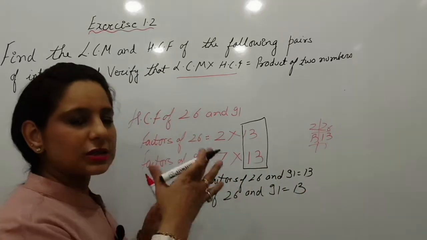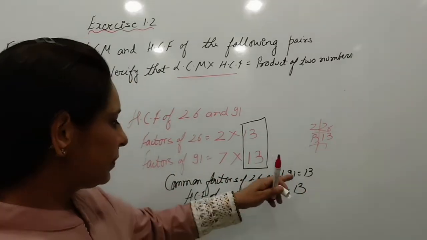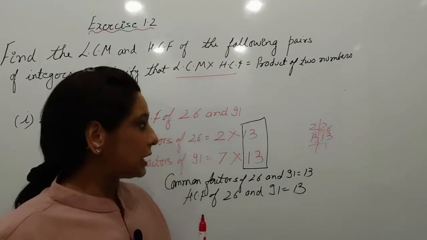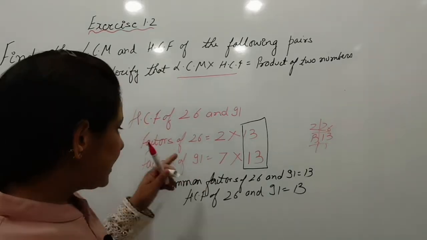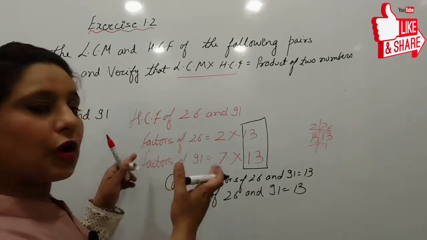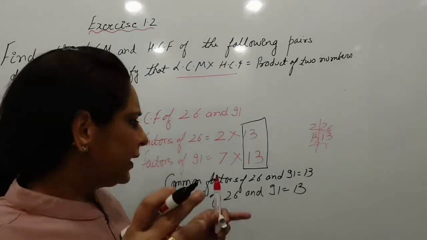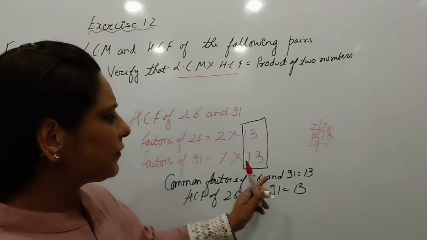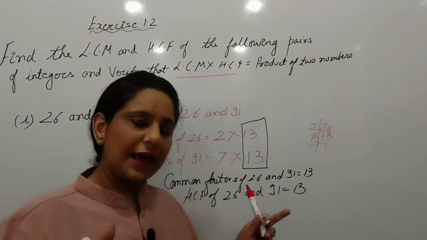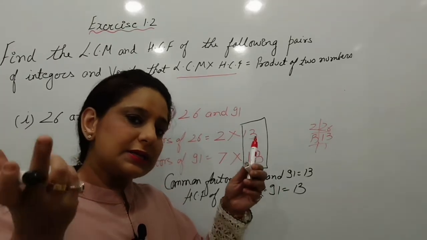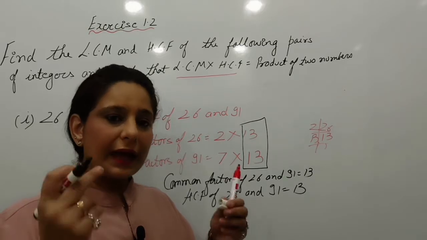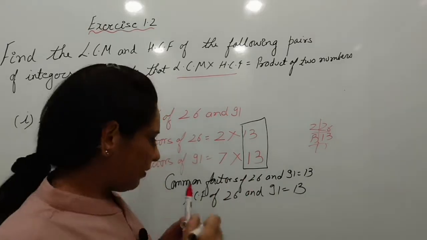The common factor of both numbers is the HCF of both numbers. Now let us come to the LCM. LCM can also be taken from these factors only. What is the difference between LCM and HCF? In HCF, we find the common factor of both the numbers, and in LCM, we take the common factors and the uncommon factors also.